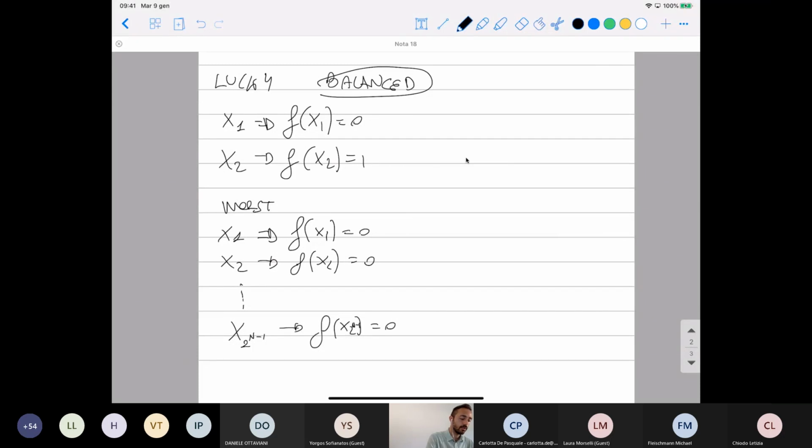This is the worst case. But then, if the function is balanced, you know that x of 2 to the n minus 1 plus 1 is going to be 1. So in the simplest case, you just need 2 evaluations. In the worst case, you need 2 to the n minus 1. So this is basically the idea.